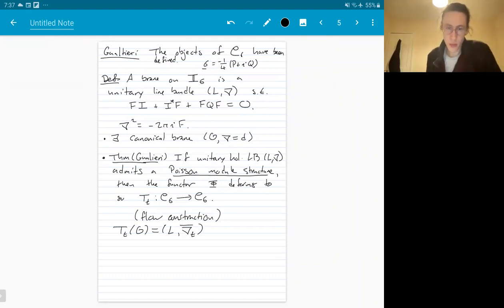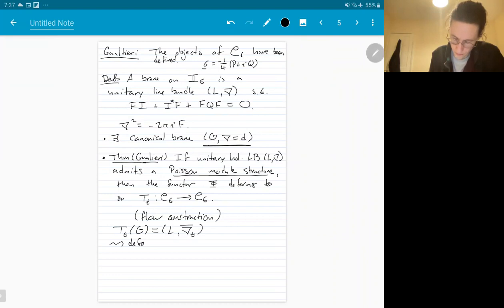So what I wanted to say is that now we know how to deform this trivial bundle. It automatically deforms to a brane, and this autoequivalence also deforms. And so we should get out of this a deformed algebra, just by following the same rule.